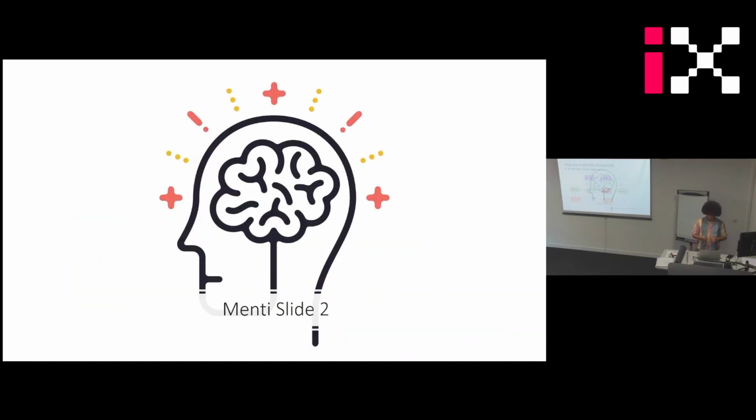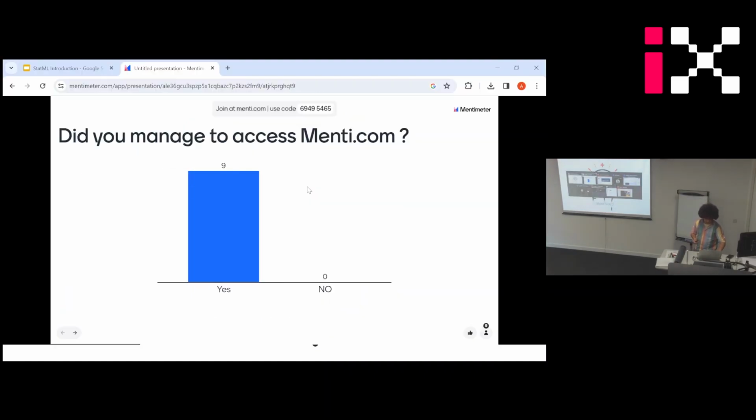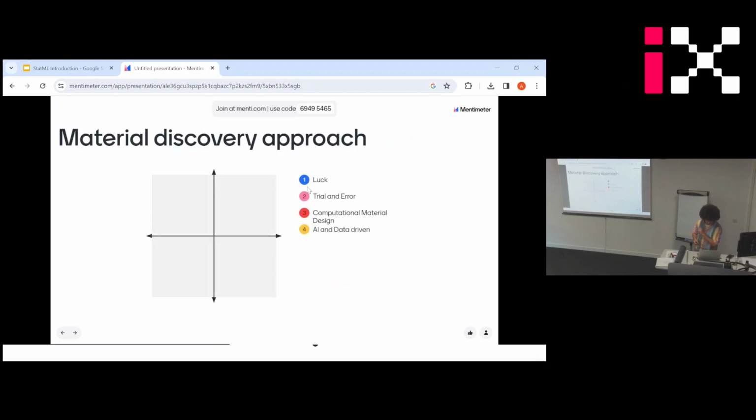So the first question I've got for you here is: what's the potential of a certain material discovery approach, and how is it useful nowadays? We can also discuss this a bit more.